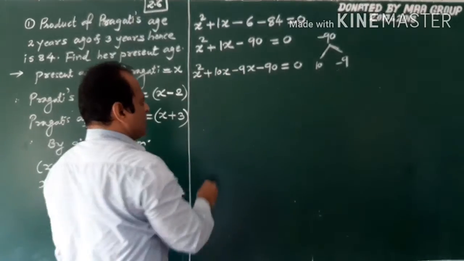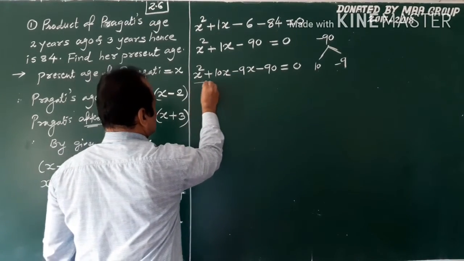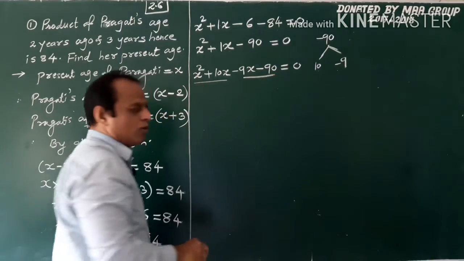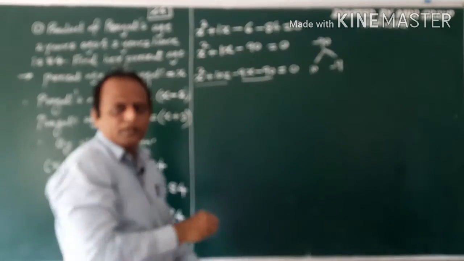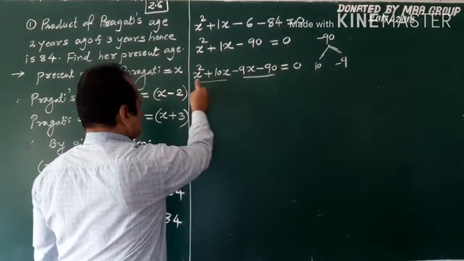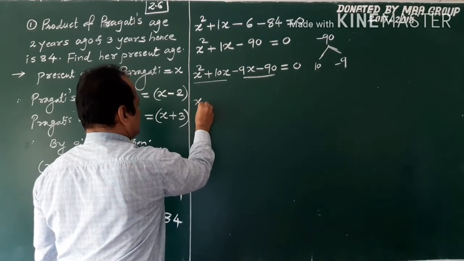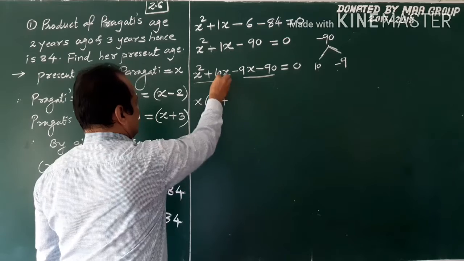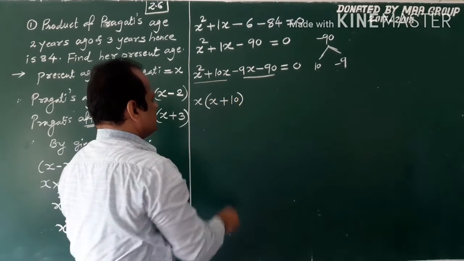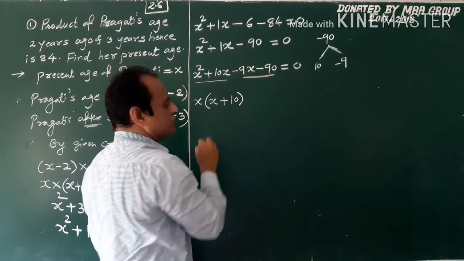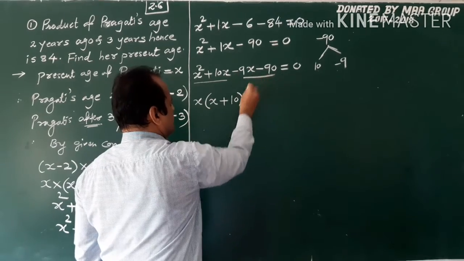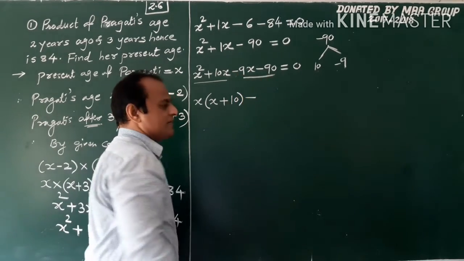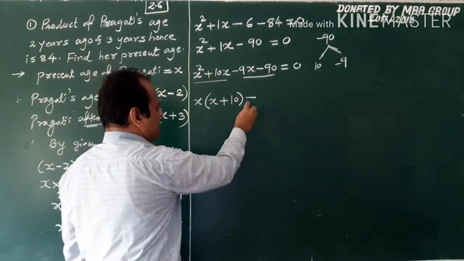Now we have to find the common factors between the first term and second term, and between the third term and the fourth term. Look here, x square and 10x: x is common, x remains here, plus 10. Similarly, look at the third term and the fourth term. Here minus is common because minus is present in both.